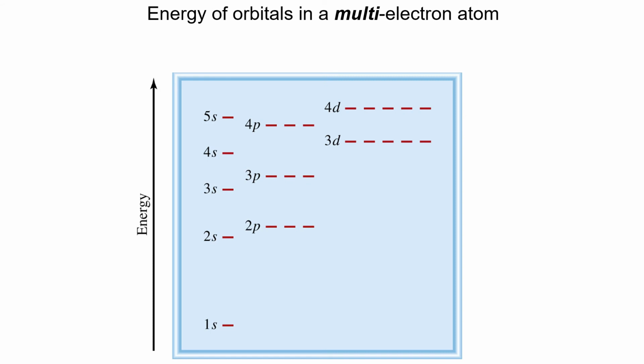The energy of orbitals in a multi-electron atom, however, depends on both n and l. As you can see here, there's a large jump in energy between the 1s and 2s, but there isn't a very big jump between 2s and 2p.